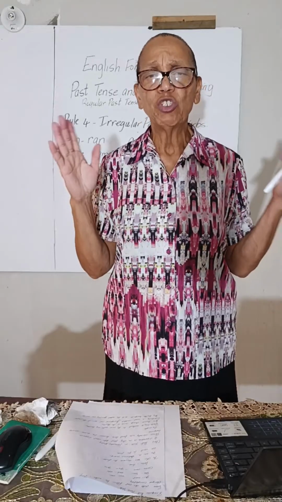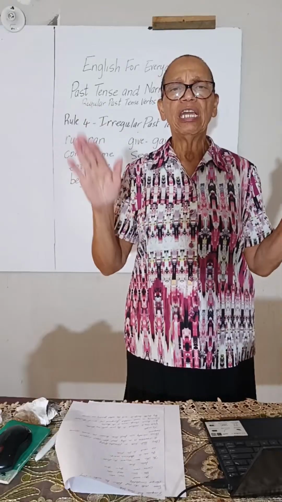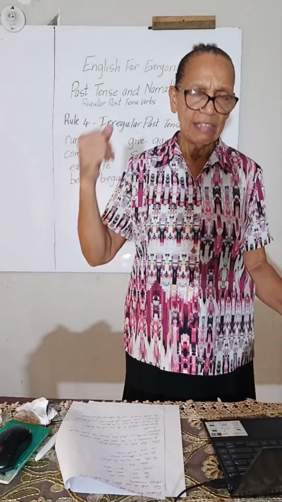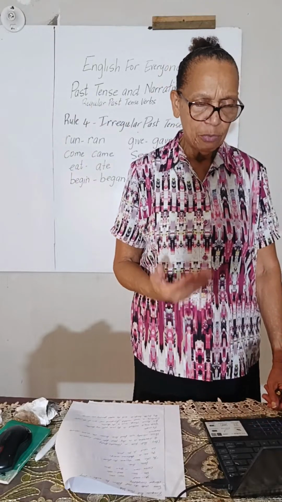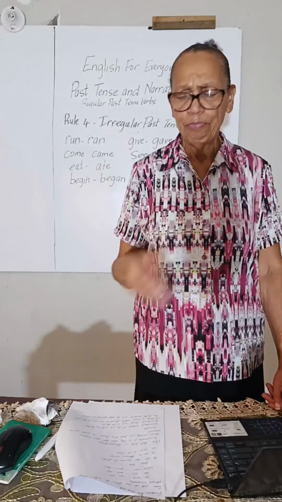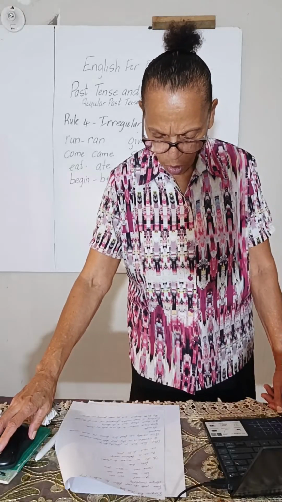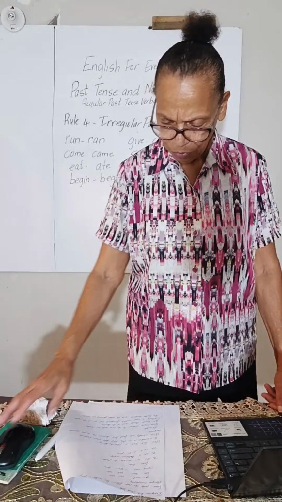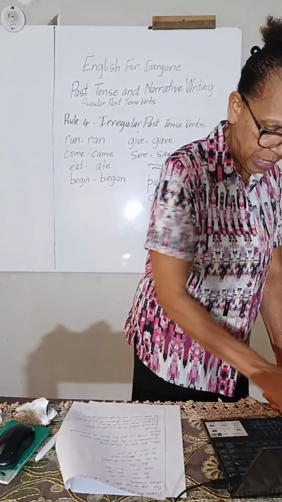But the majority of the stories that we write are done in the past tense because the incident already happened. So tonight we're going to look at how we can write some simple paragraphs in the past tense.